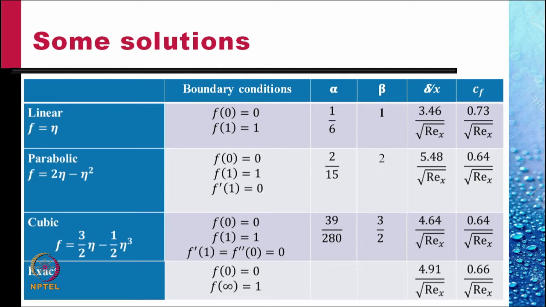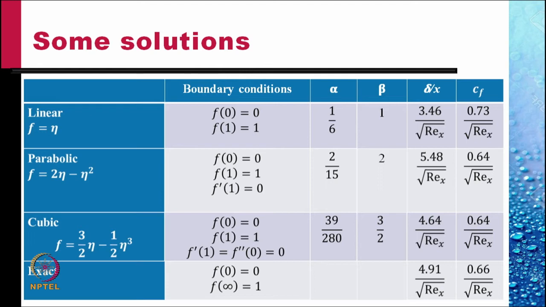For the linear profile, we need only two conditions. F0 is equal to 0, the velocity at the wall is 0, and the velocity at the edge of the boundary layer, u by capital U, is 1. A linear velocity profile. For this, the value of alpha is readily obtained as 1 over 6.